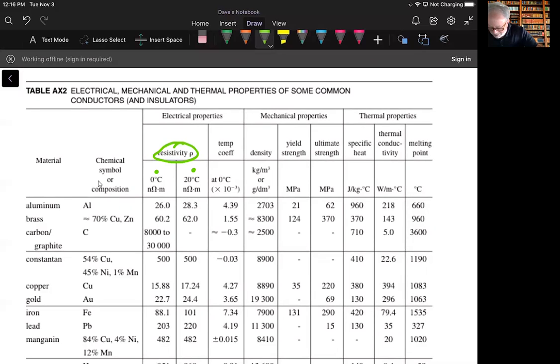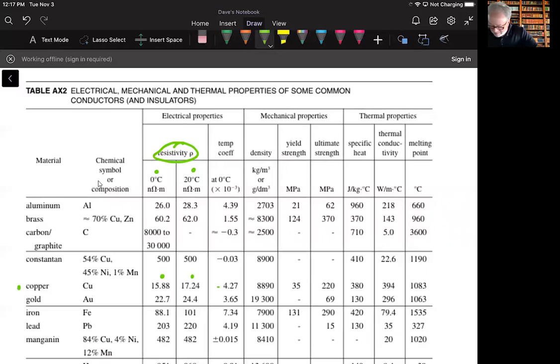And so when we're looking at copper at 0 degrees, and copper is the one we will see the most, we see that it is 15.88 at 0 degrees and increases to 17.24 at 20 degrees C. And then there's also this temperature coefficient that we can use to account for the change in the temperature that we're dealing with and sort of reference it to a norm, okay?